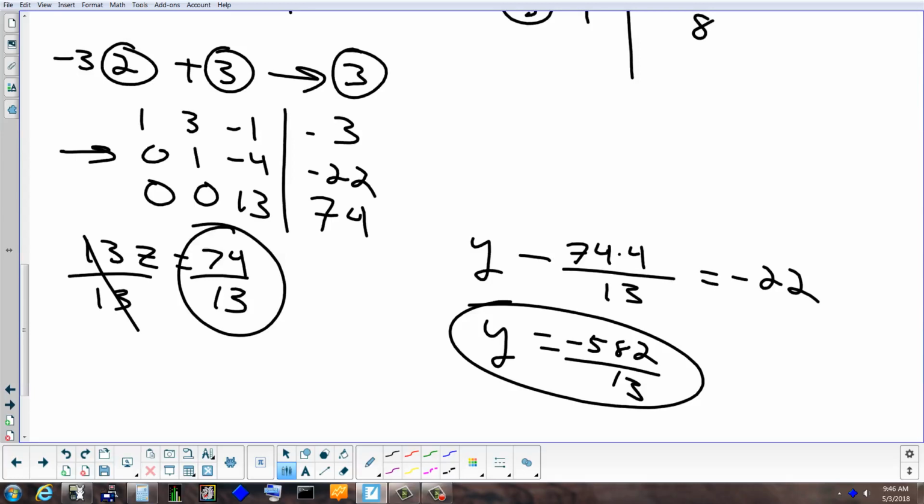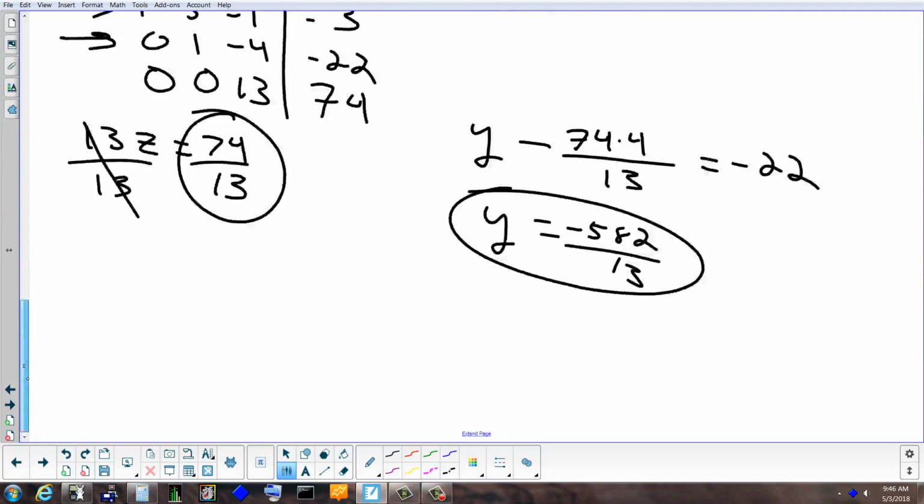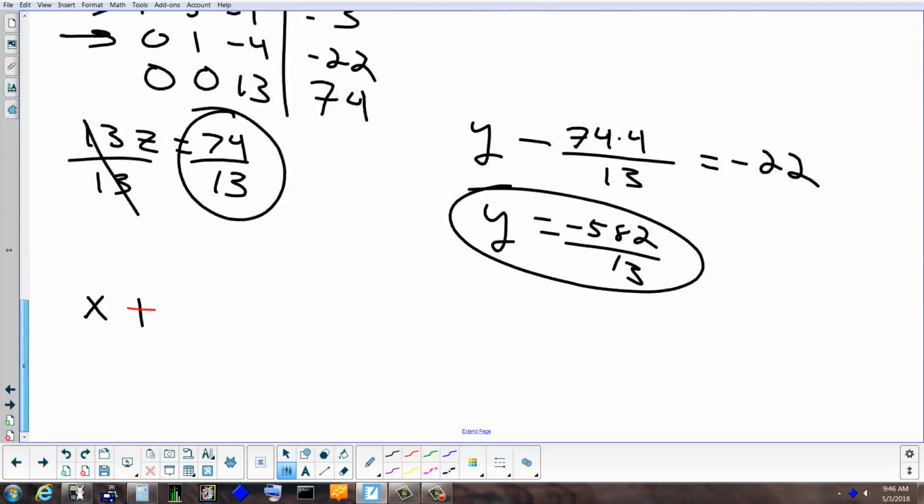And then the last row, we'll plug in and get x. So x plus 3 times y. That's 3 times y, yeah? You made a mistake.